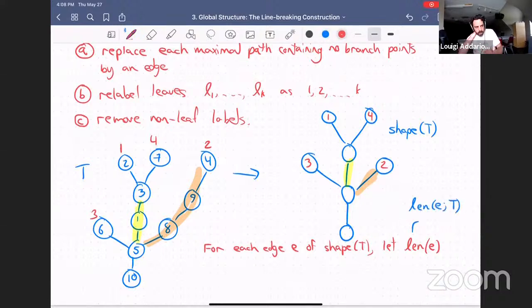This is going to be the number of edges in the path which is contracted to make the edge.